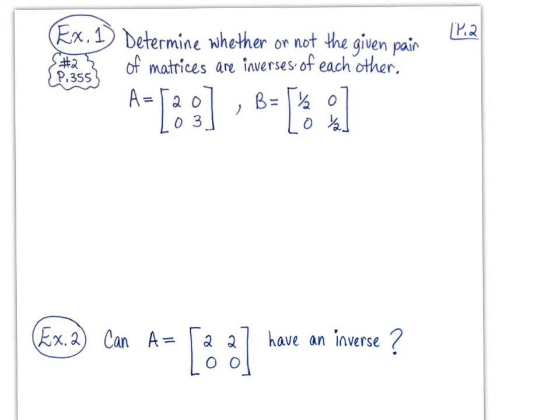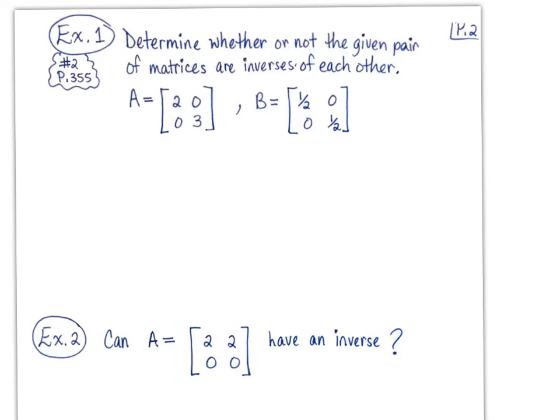In order to show that these two matrices are inverses of each other, what do you need to do? Very good. Online they said find the product. If you multiply A times B, you should get the identity 2 by 2 matrix. If you multiply B times A, you should also get the identity matrix. That's how we show if they're inverses of each other.